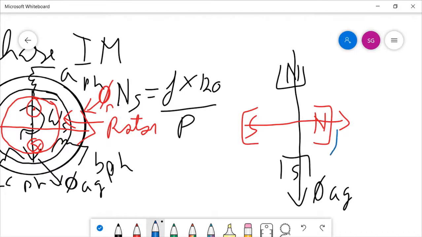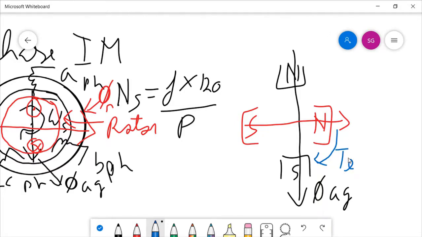This rotor will experience a torque, which is also called electromagnetic torque, because this torque is generated because of the electrical nature of the magnetic field, which was generated due to electrical currents. So this is called electromagnetic torque.